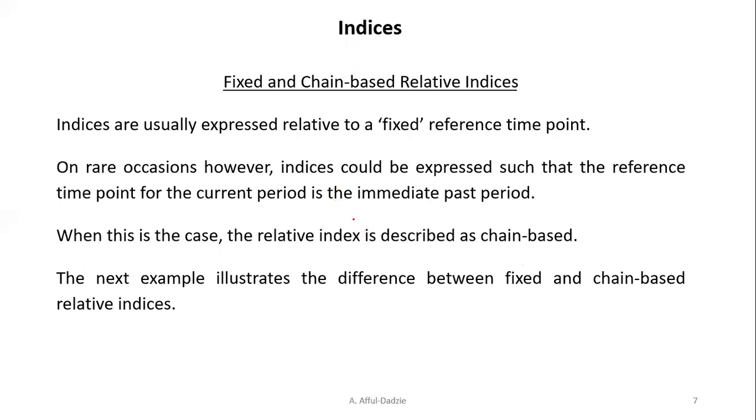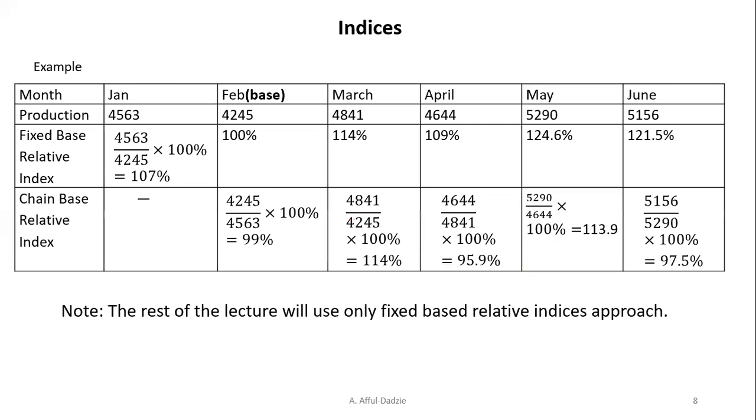So let's get into an example and see how this pans out. There are two portions, the top part and the bottom part. Let's first look at the case of a fixed base relative index, which I'm sure we are all familiar with so far, and then the case of a chain-based relative index. Suppose we have this data here, and we assume that February is our base period.